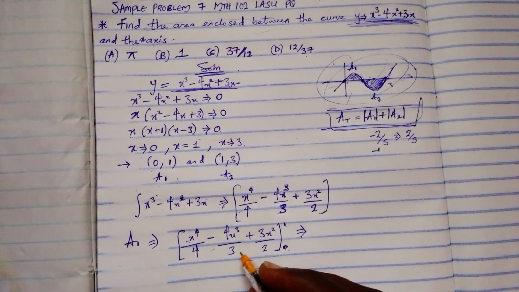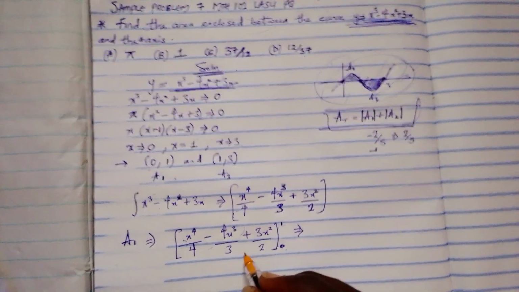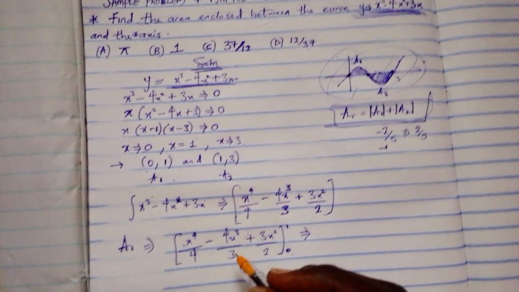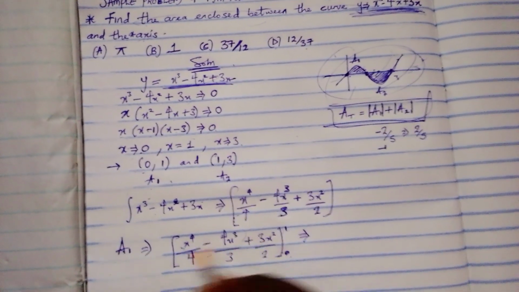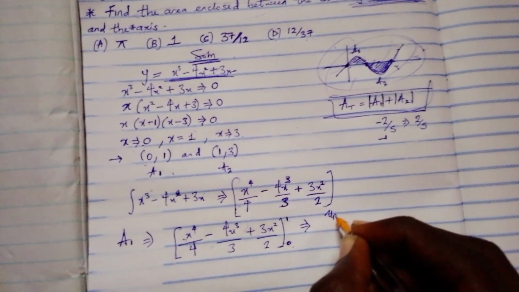The key concept here, because it's a multiple choice question, is that if you input 0 for the lower boundary, it will surely give you 0, because everything will be 0. Let's just do the upper boundary.